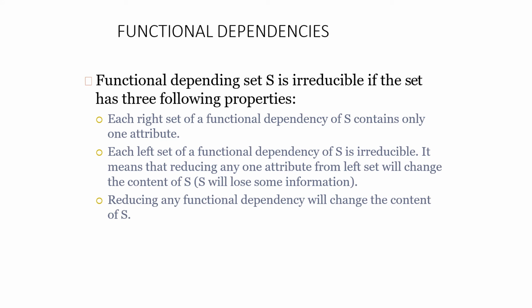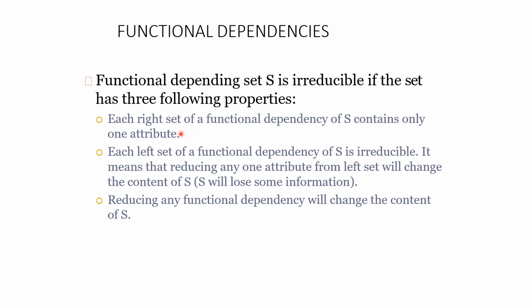A functional dependency set S is irreducible if the set has the following three properties. So now we will study the properties. Each right set of functional dependency of S contains only one attribute. Each left set of functional dependency of S is irreducible.